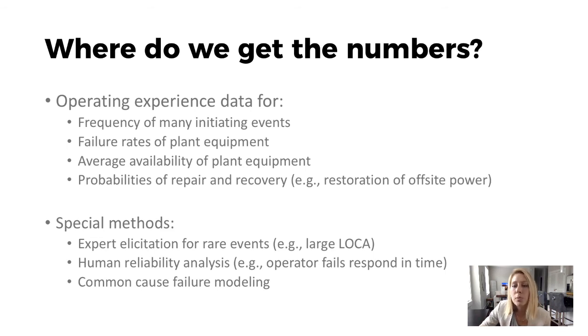In some cases, we may need to look to industry experts for estimates of very rare events. Also, as we highlighted in this course and module, we may have to conduct human reliability analysis to get estimates of the likelihood of human operator failure. Lastly, we can look at specific modeling techniques such as common cause failure modeling to get data.